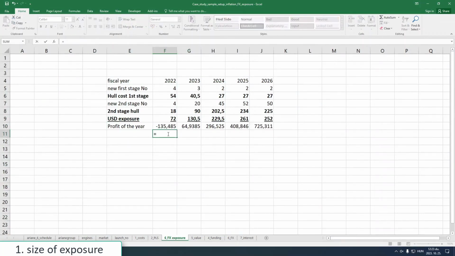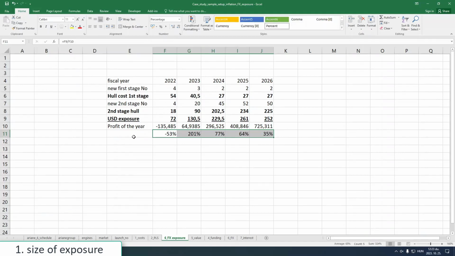Okay, so we can see that this can be quite relevant, it's way above 5% or 10% of the annual profit we are talking about. So if this thing changes, then it can affect our profitability.